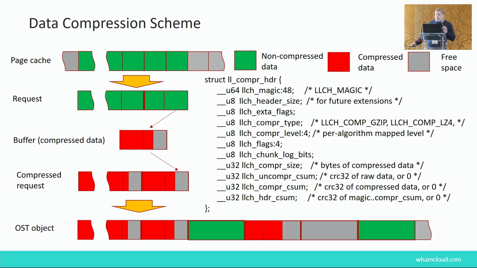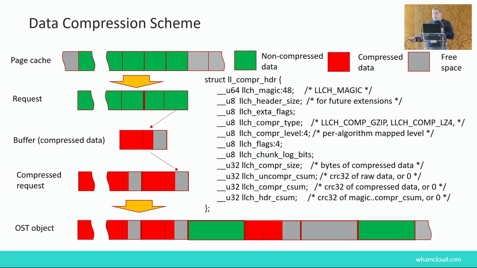Also, the data is compressed based on chunks. So every chunk is compressed separately, and every chunk has its own compression header. Basically it has the size and other useful information to decompress it or to use for any other actions. The important thing here is that every request is compressed and decompressed separately.